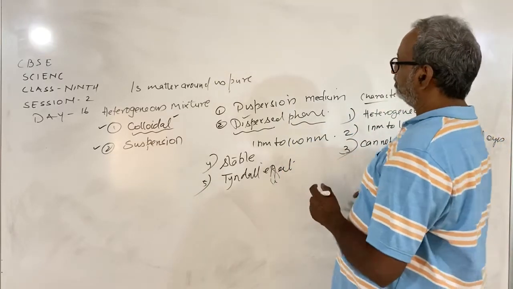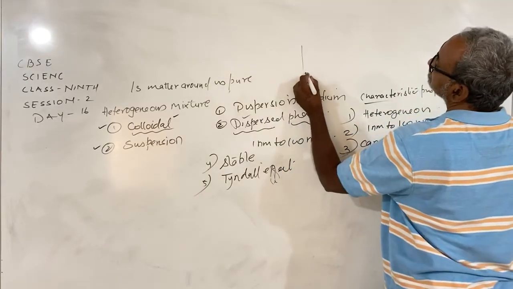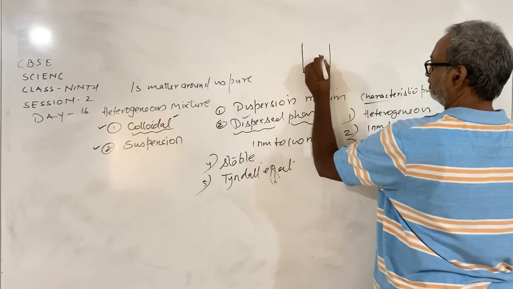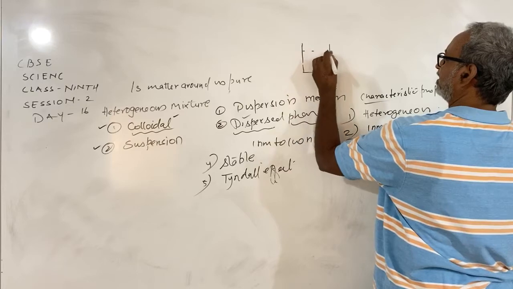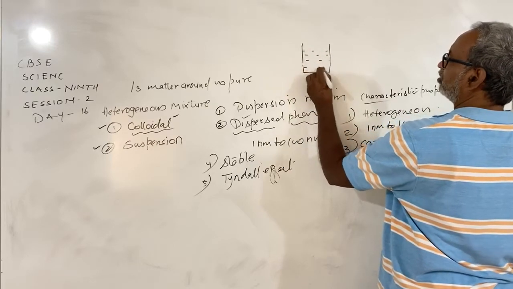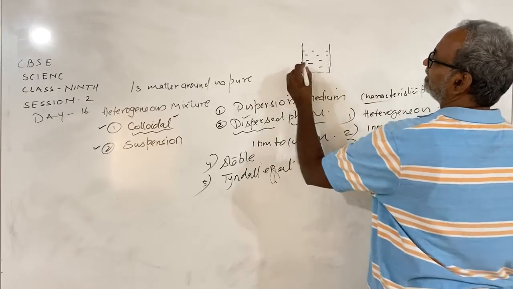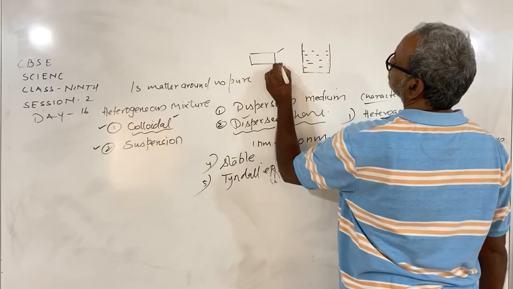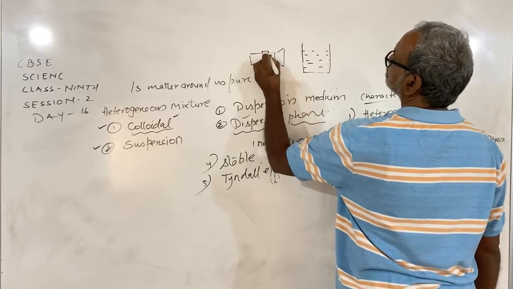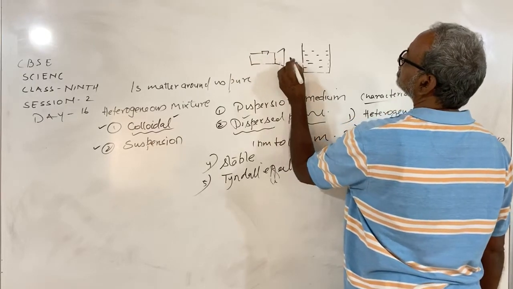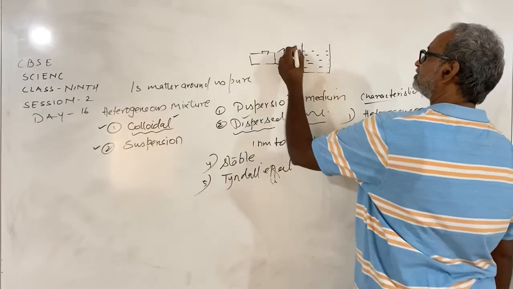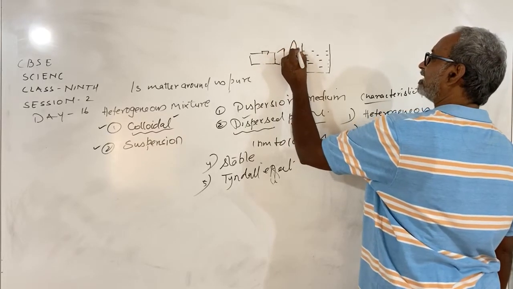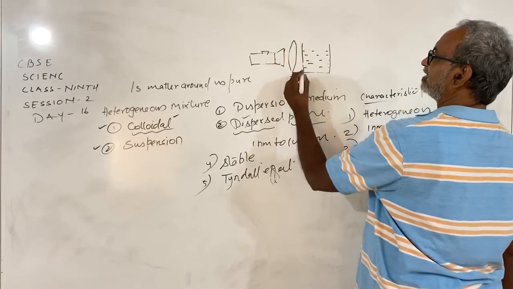If you take a colloidal solution in a beaker, for example a colloidal solution of starch in water, and a strong beam of light is passed through it, this strong beam of light is produced by a torch and a converging lens.